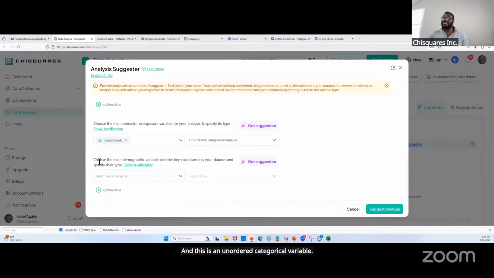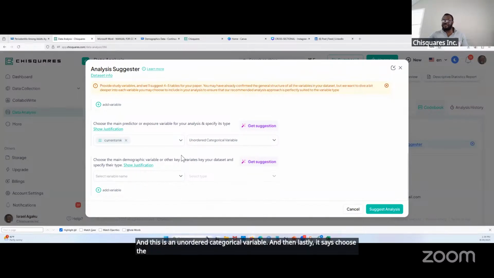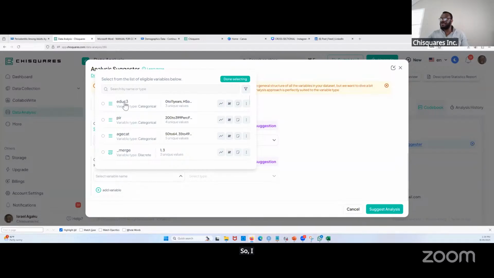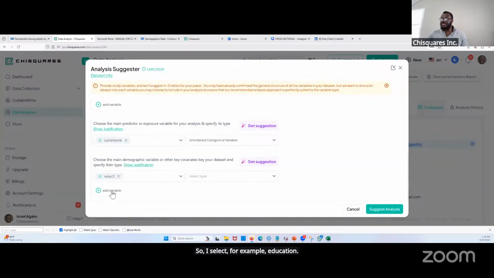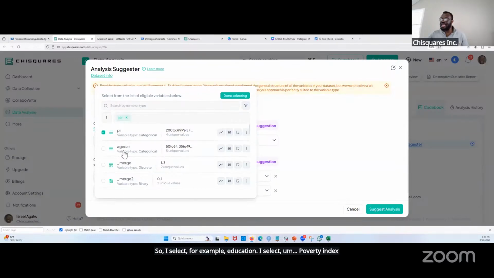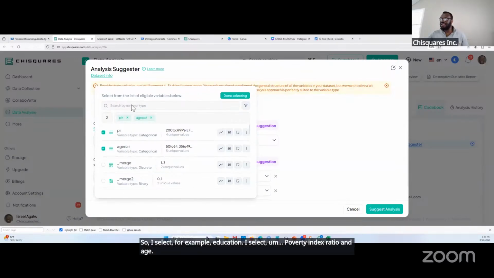And then lastly, it says choose the main demographic variables or other key covariates in your data set. So I select, for example, education. I select poverty index ratio and age, and let's say sex.